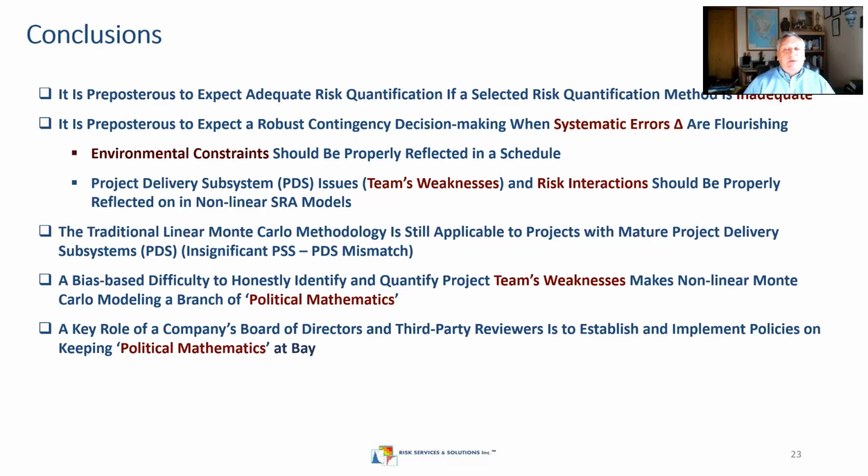It means there is a very small PSS-PDS mismatch. I have an example of that. I used to work for a company called Shell, and we did one project in Alberta where the government was very interested in environmental aspects of the project. It was CO2 sequestration, and the team was quite strong, and we didn't have many issues.